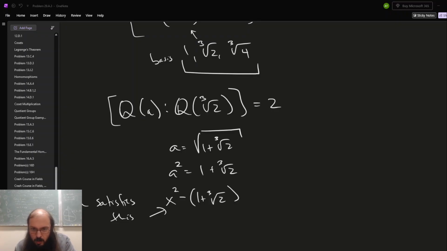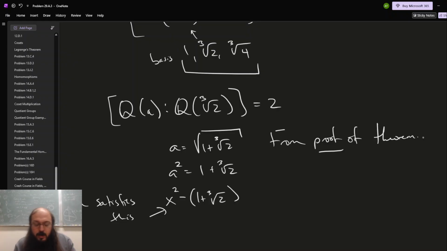And so what this means is that in light of the proof of the theorem, and this is why I selected this problem, because oftentimes in this level of mathematics, it's not necessarily about the theorem itself, but about the proof.